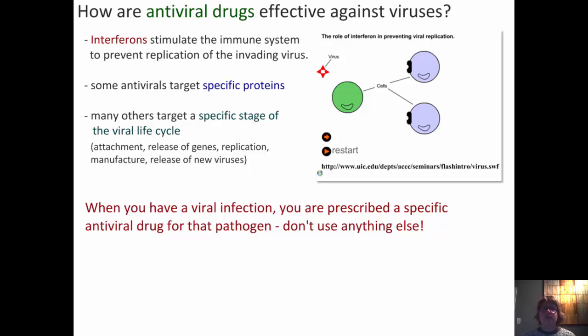Some antivirals will target specific proteins, but other antivirals will target a specific stage of the virus life cycle, whether that's the attachment phase, the release of the genes into the host, the replication phase, the manufacture where you're making new viruses, or the release of the lytic cycle when those viruses are released. So when you have a virus infection and you're prescribed a specific antiviral drug for that pathogen, you really shouldn't use anything else because it is specific for that virus and that pathogen.